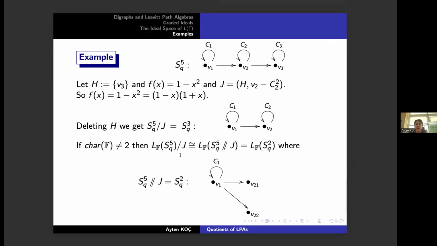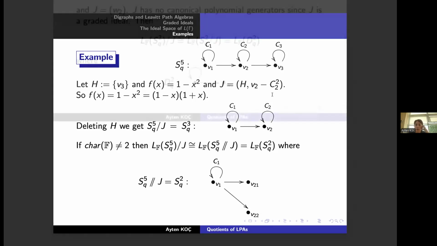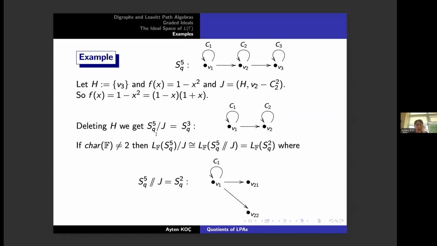And another example, the Hong-Szymański five-dimensional quantum sphere. If we take H to be this set and our polynomial 1 minus x squared, and J is generated by H and this polynomial of the C2 cycle, here the loop. And so we obtain Γ/J by deleting all the vertices, so we obtain S3.